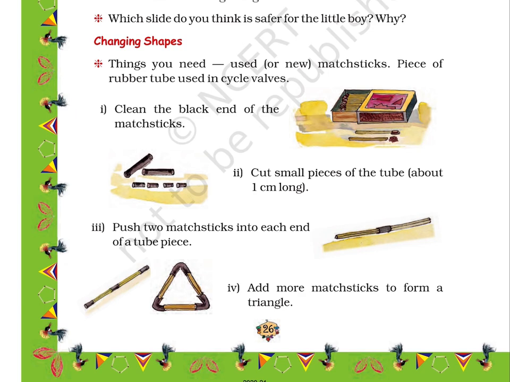With the help of some pictures, we see the same happening here. The matchsticks have their black ends cleaned, they have been cut into small pieces, and 2 matchsticks have been pushed into each end of a tube piece, creating a triangle. Page 27.